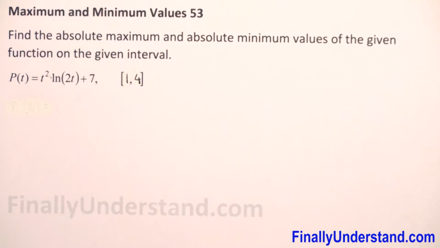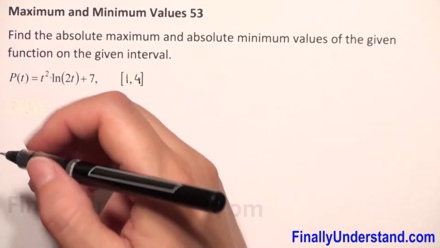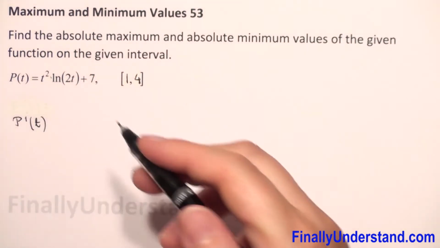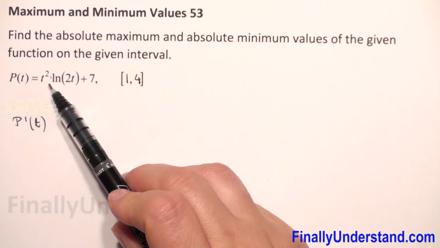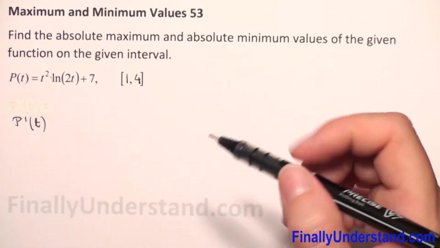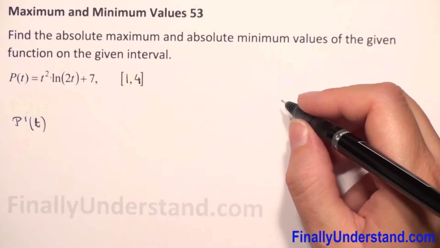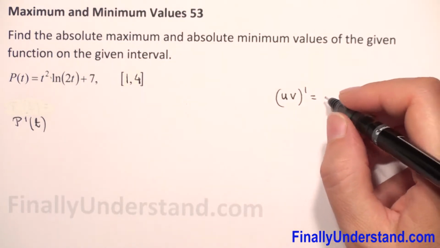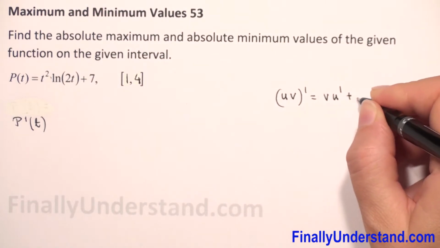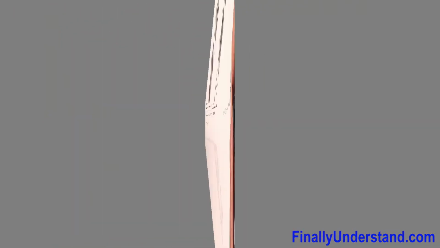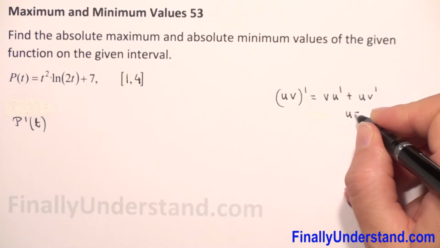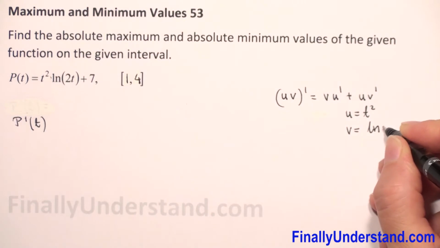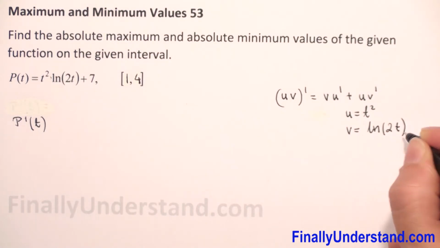To find critical points, we need the first derivative of our function. So P prime of t is equal to, because we have multiplication here, we need to use the product rule. When we have u times v, the derivative is v times u prime plus u times v prime. In our case, u is equal to t square and v is equal to natural log of 2t.